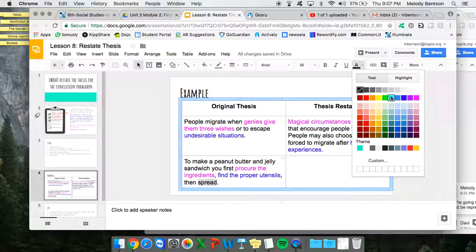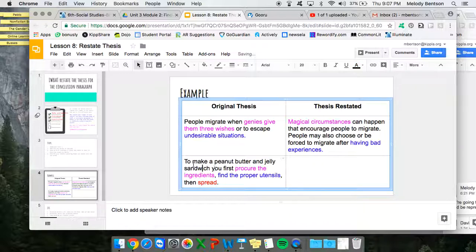So I'm just going to find some synonyms or some phrases. Okay, I can also rearrange these words. I can say a PB and J sandwich is or can be made with 3 easy steps.